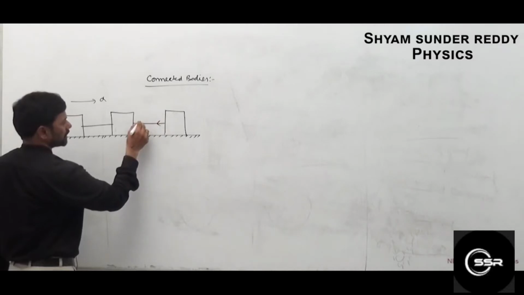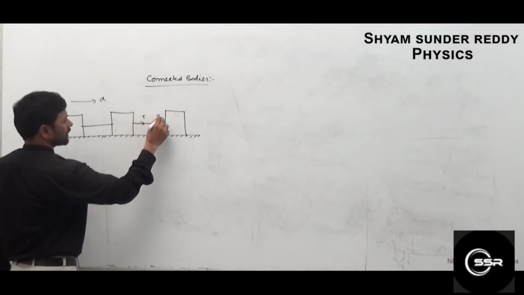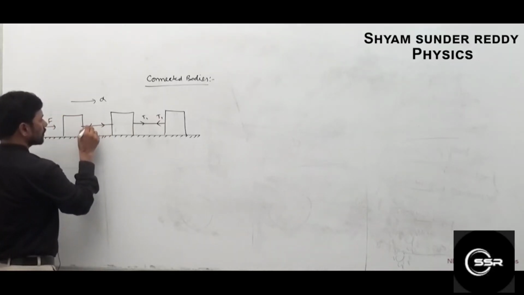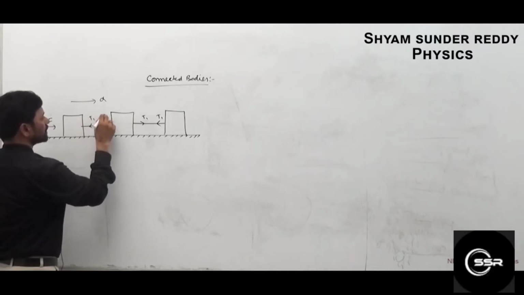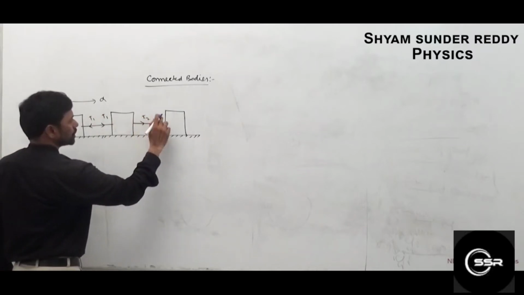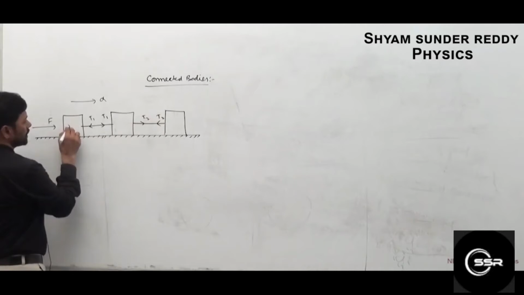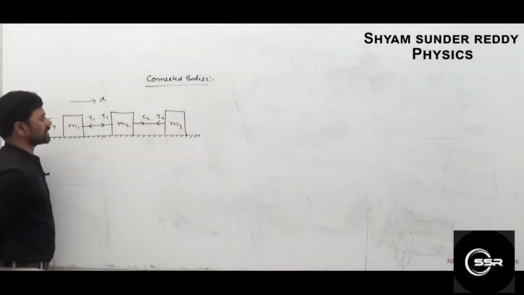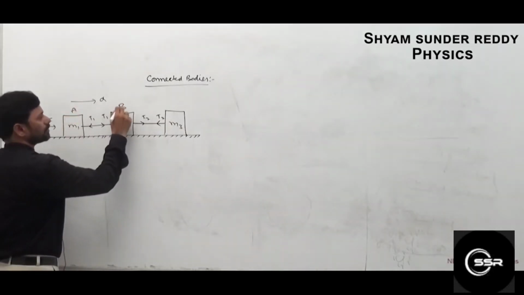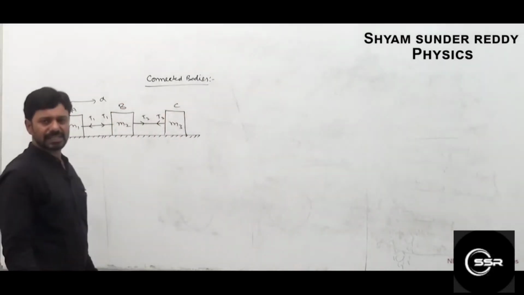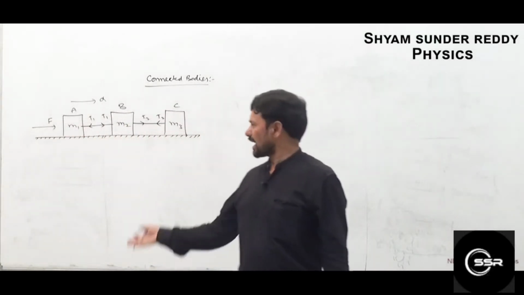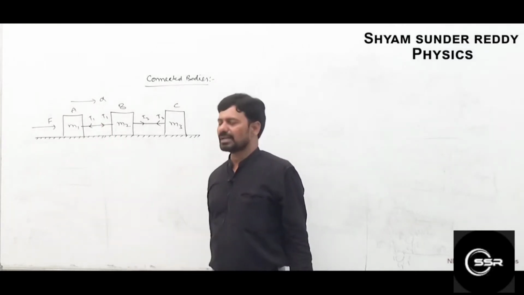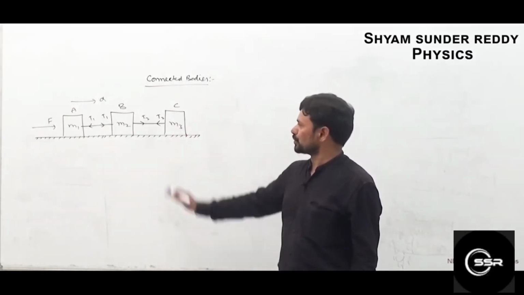So the tension in the 2 strings, this is T1, this is T2. The masses are M1, M2, M3, otherwise called blocks A, B, C. Tension between M1, M2 is T1, tension between M2, M3 is T2.